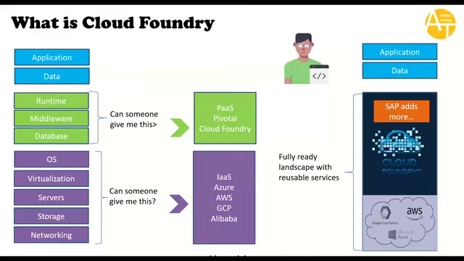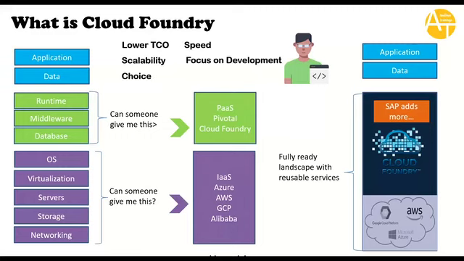This landscape is fully scalable. It gives lower total cost of ownership with high scalability and choice of technology, including focus on development, not on the infrastructure or platform, rather building innovative applications outside your stable core.